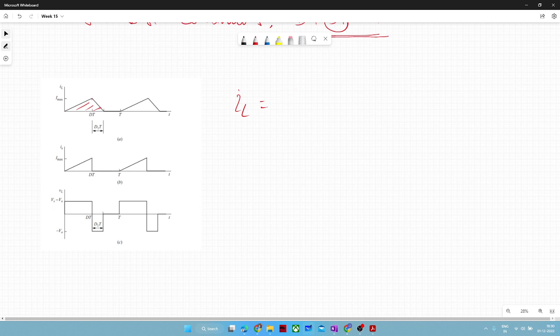If we will find out this area, then we will be good to go. So initially we will take half into del IL, because this is nothing but the del IL. And in discontinuous conduction mode, del IL is nothing but the IL max. Agree? Fine.